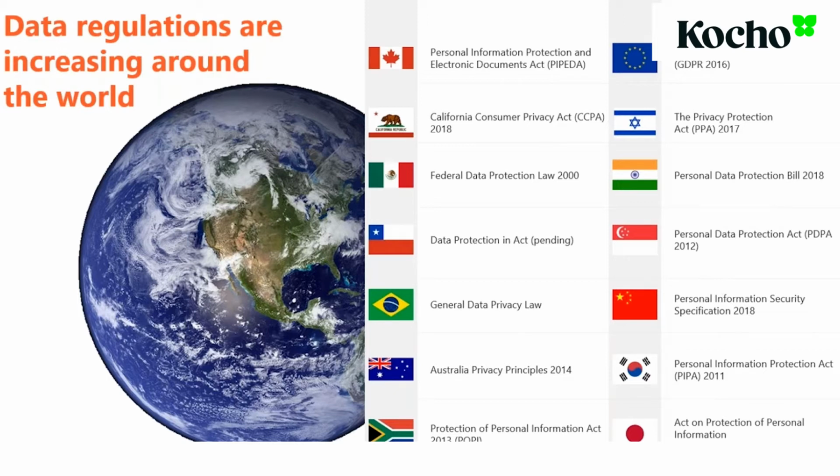GDPR, for example, doesn't really affect organizations in the US, unless, of course, they're dealing with clients who are in Europe, in which case it does apply. So we don't need to be aware just of the regulations that apply to where we are, but they also need to apply based on the clients that we're dealing with.